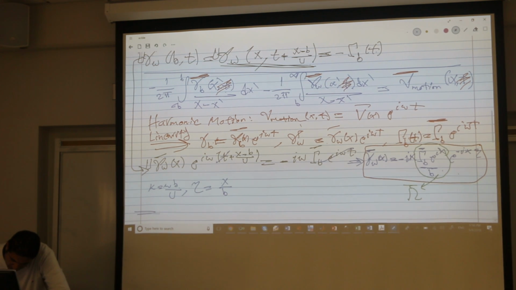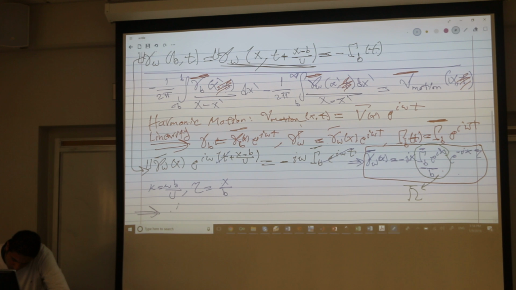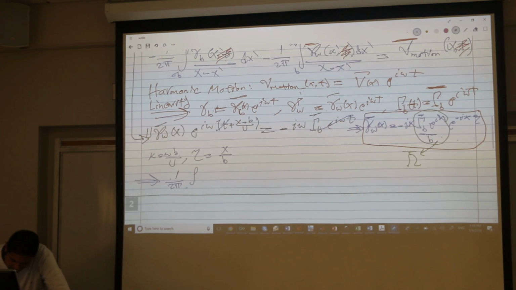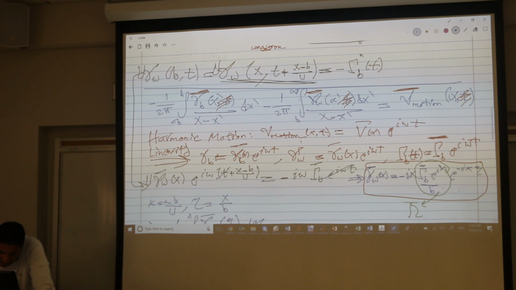The blue equation says that 1 over 2 pi, I'll just multiply by negative, and maybe we will normalize, gamma bound bar of eta, divided by zeta minus eta d eta equals what goes in the right hand side, this guy and the v motion.